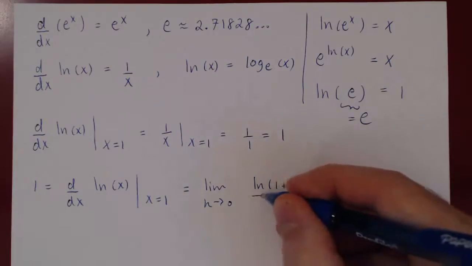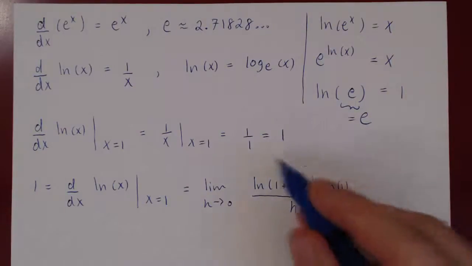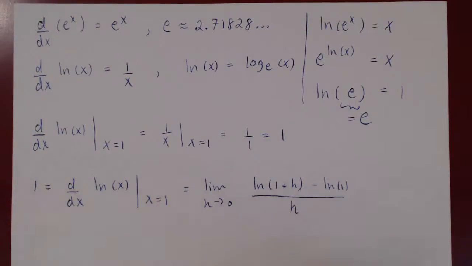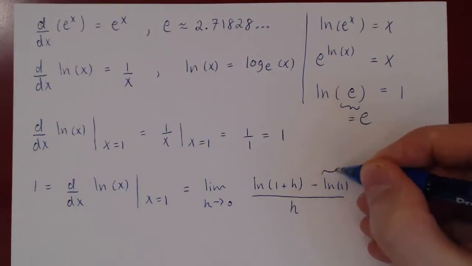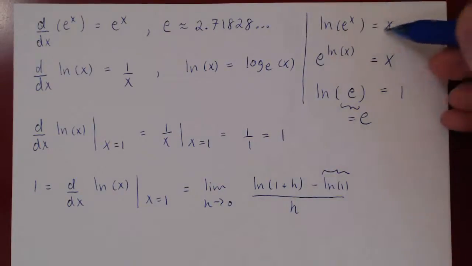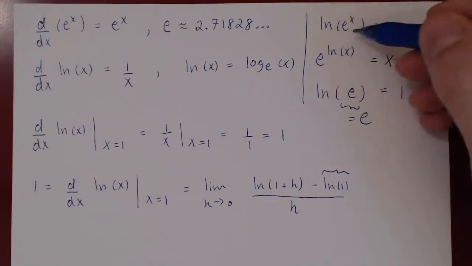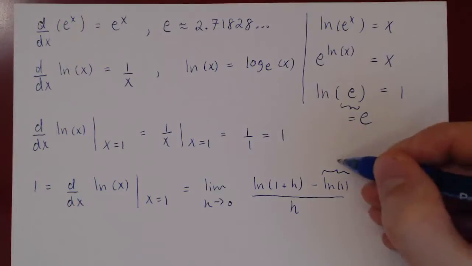And we divide by h. And so we know this limit is equal to 1. But we also know that ln of 1 is equal to 0. Right? And here, plug in x equals 0. E to the 0 is 1, so you get ln of 1 equals 0.